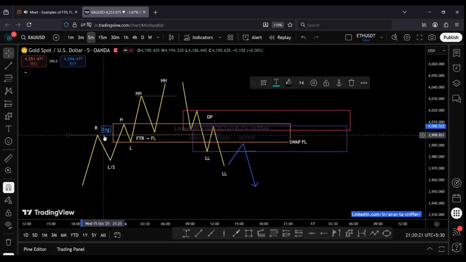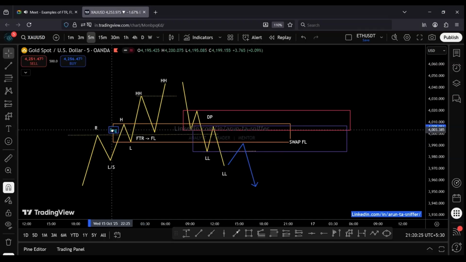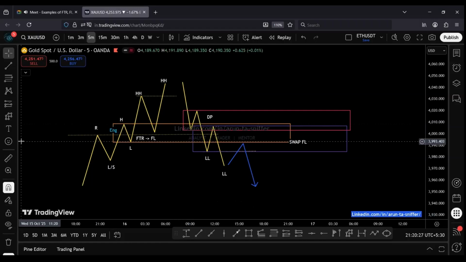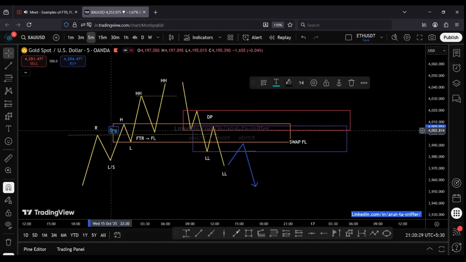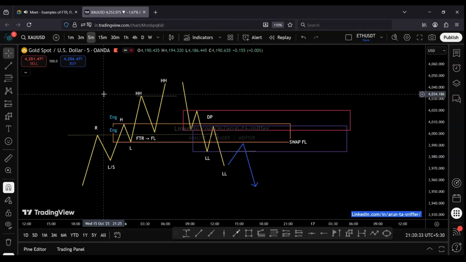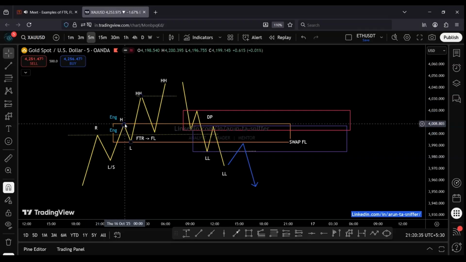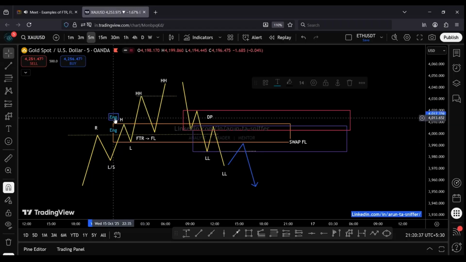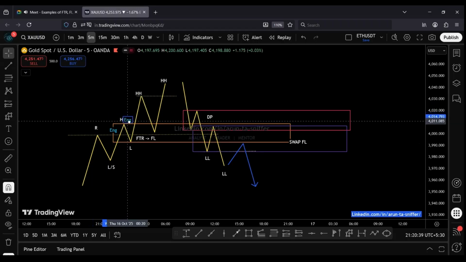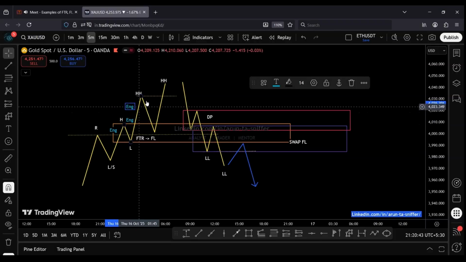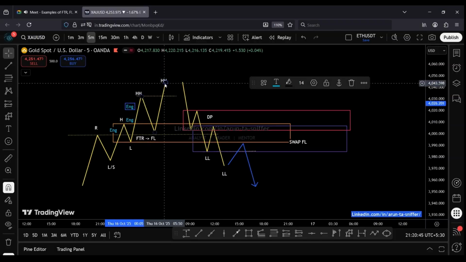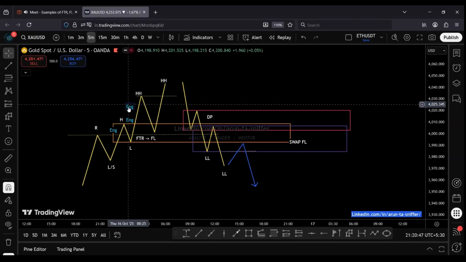When this zone is crossed here, now this is engulfed. When the price crosses again here, look at this, a higher high was posted, price crossed here again, so this is again engulfed. Price crosses this higher high again from here, this is again our engulf.